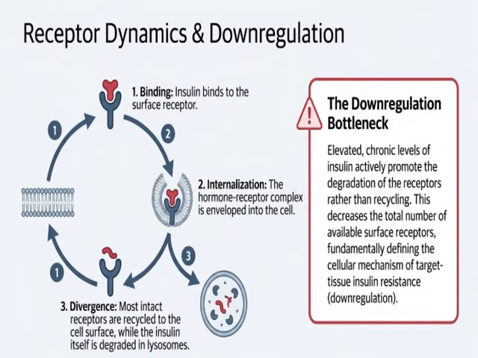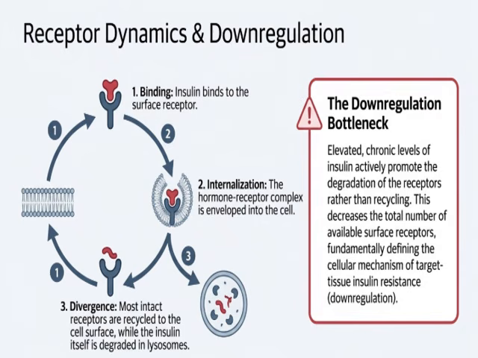See the receptor dynamics and downregulation. The cell also has a way to manage its sensitivity after insulin binds. The entire hormone-receptor complex is often internalized, or enveloped into the cell, and most receptors are recycled back to the surface, but the insulin itself is degraded in the lysosomes.